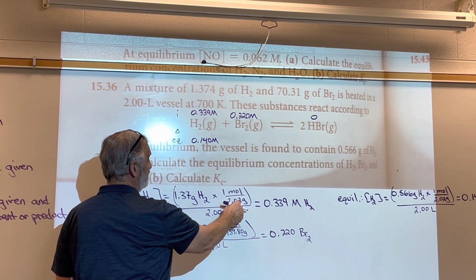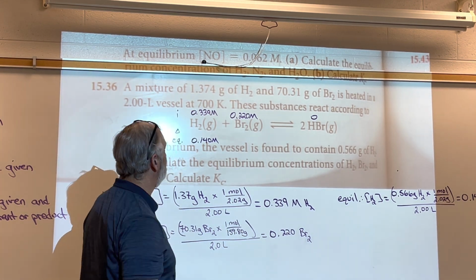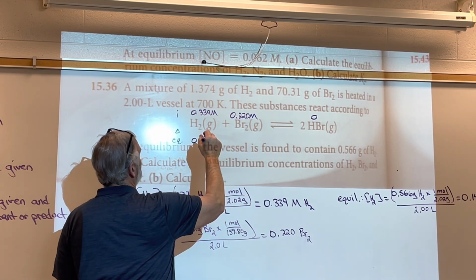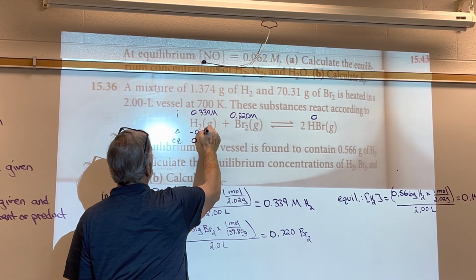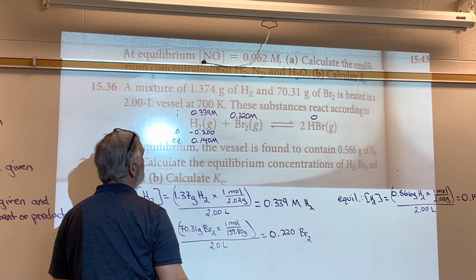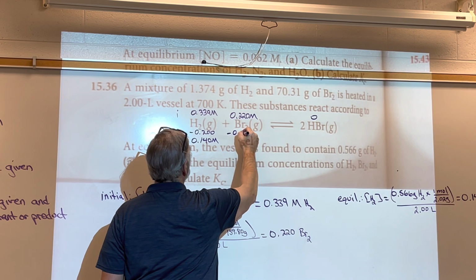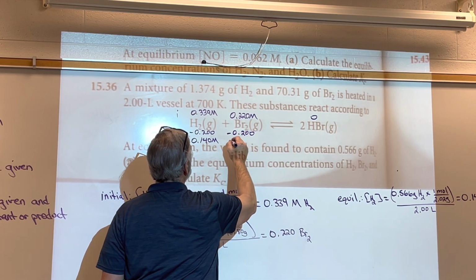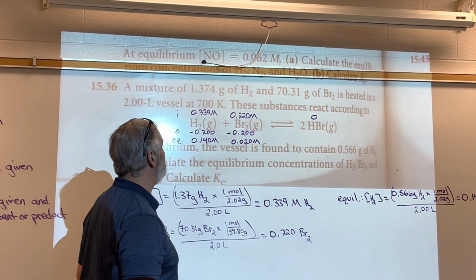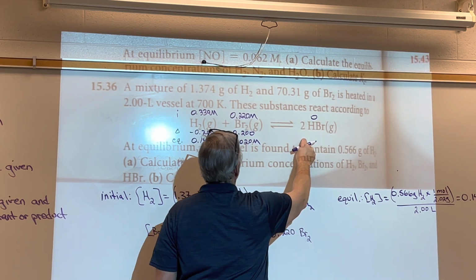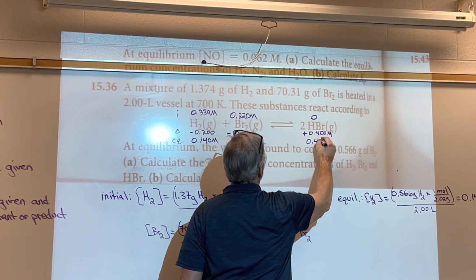So minus 0.2 makes it easier. So what's this one going to be? Minus 0.2. So that's going to leave it as 0.020 molar. And then what's this one going to be? Plus 0.4. So it's going to be 0.400 molar.